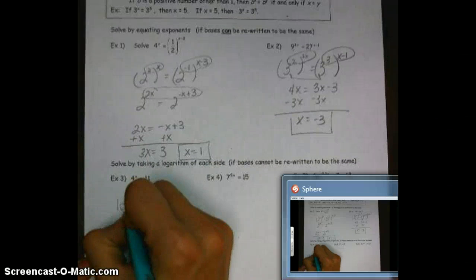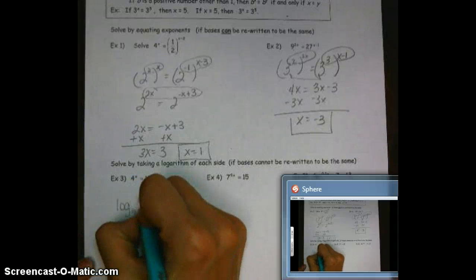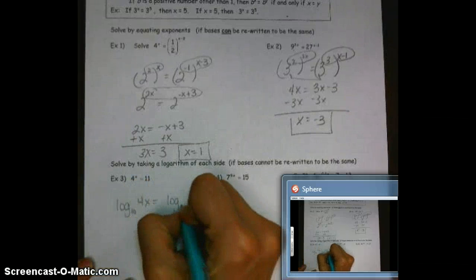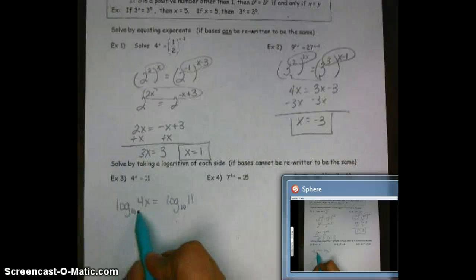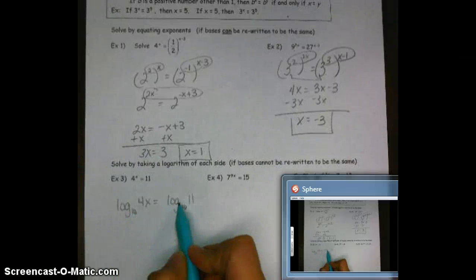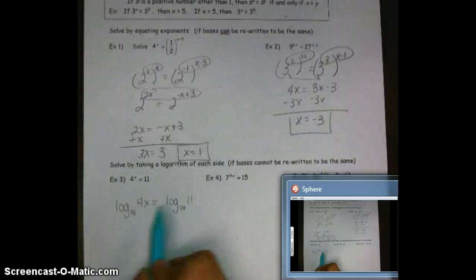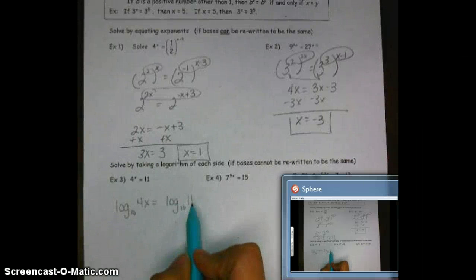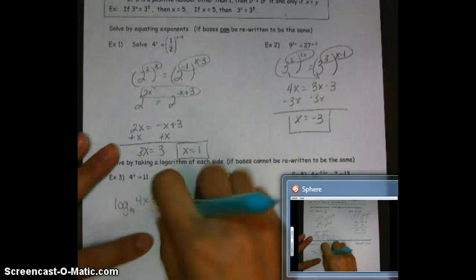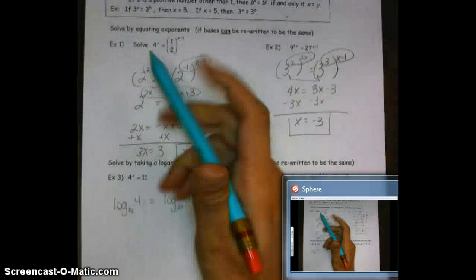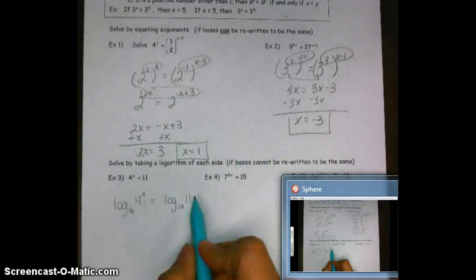So I'm going to do log function base 10 on each side. And remember, you don't have to write the base 10. If you leave that off, mathematicians know that we're talking about common base 10. So I do log on each side, and now these are arguments. Sorry, this is 4 to the x. 4 to the x is an argument, and 11 is an argument.